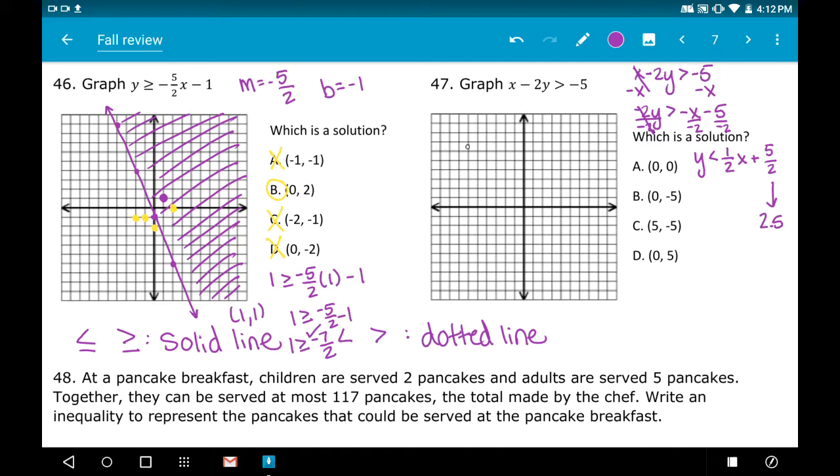So to graph this, our intercept is going to be right in between 2 and 3. So I'll put my first point there. Then our slope is 1/2, so I go up 1, right 2. Or I go down 1, left 2.